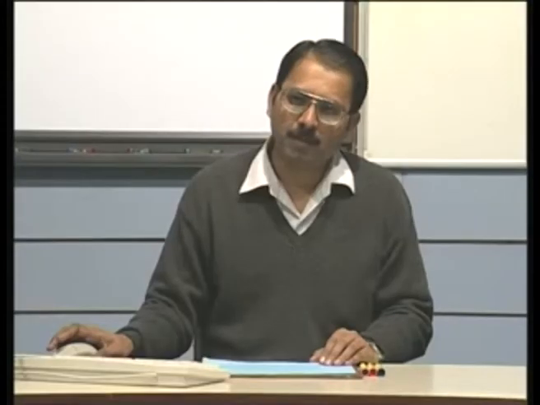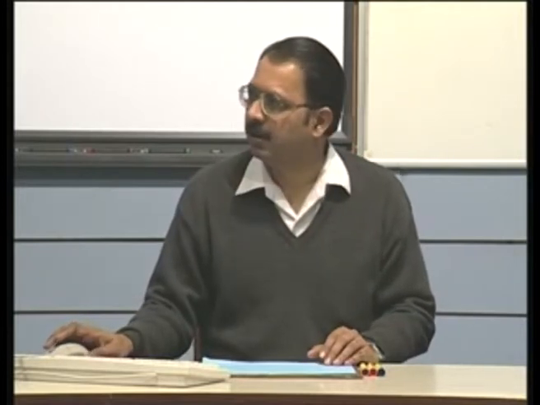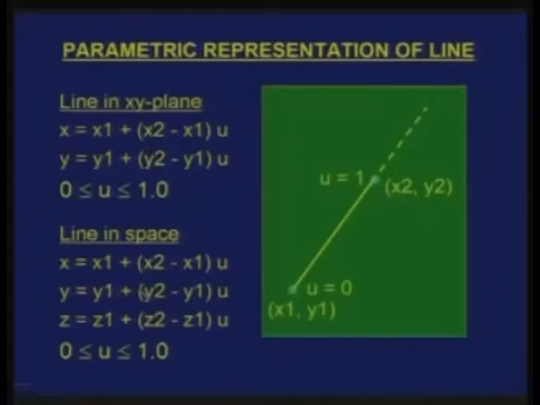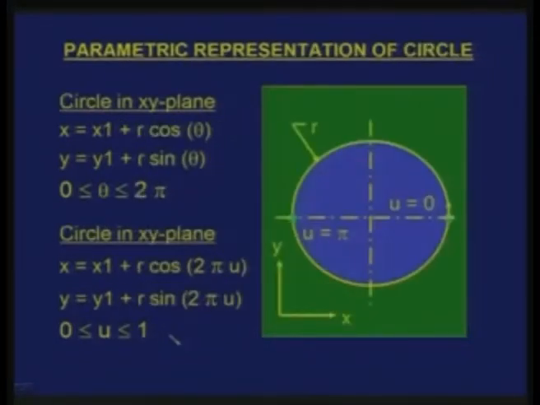They are arbitrary points in space, and I can always extend the definition of a line in a plane to a line in space by adding one more equation, that is for z, as an extension of x and y. So, this is the simplest known curve in a parametric representation.